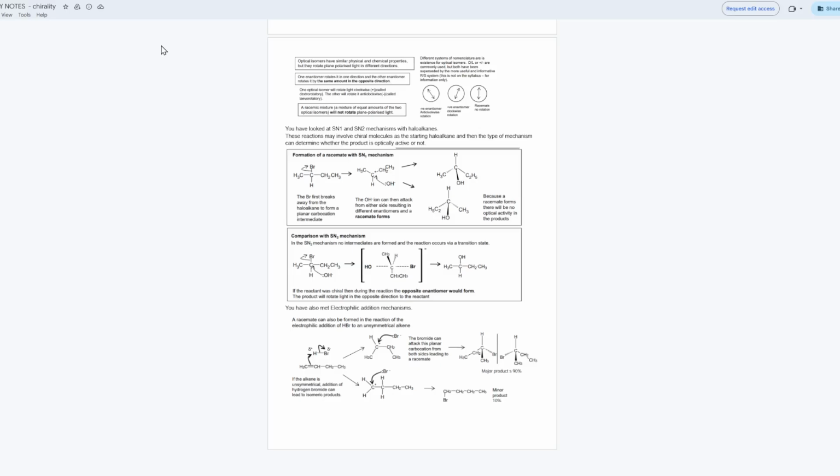So now I have to say in an SN2 mechanism, a transition state occurs, or it is, I don't know, there is a transition state occurs.